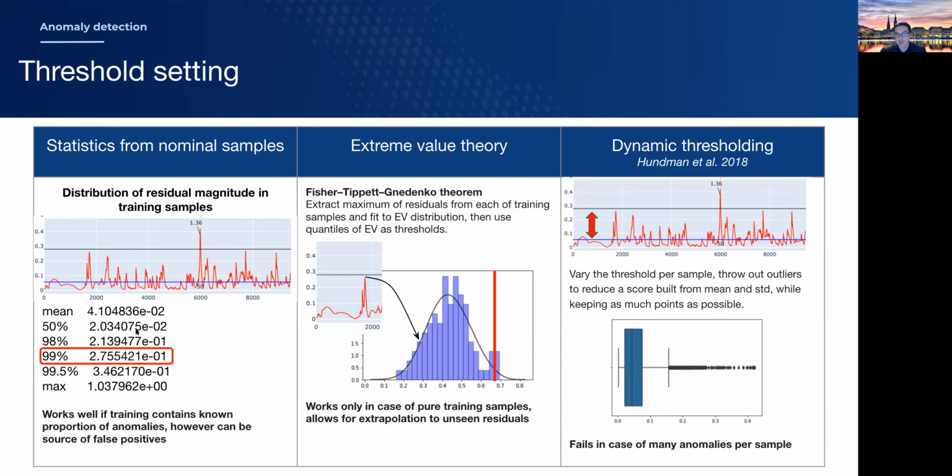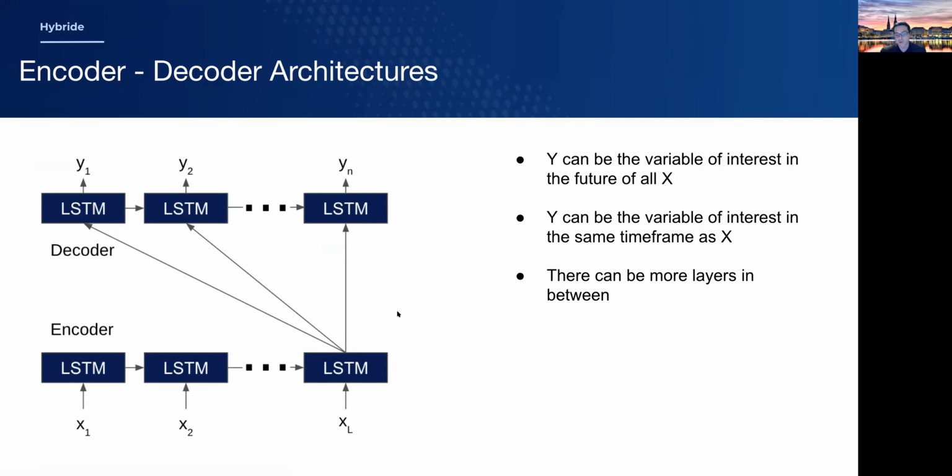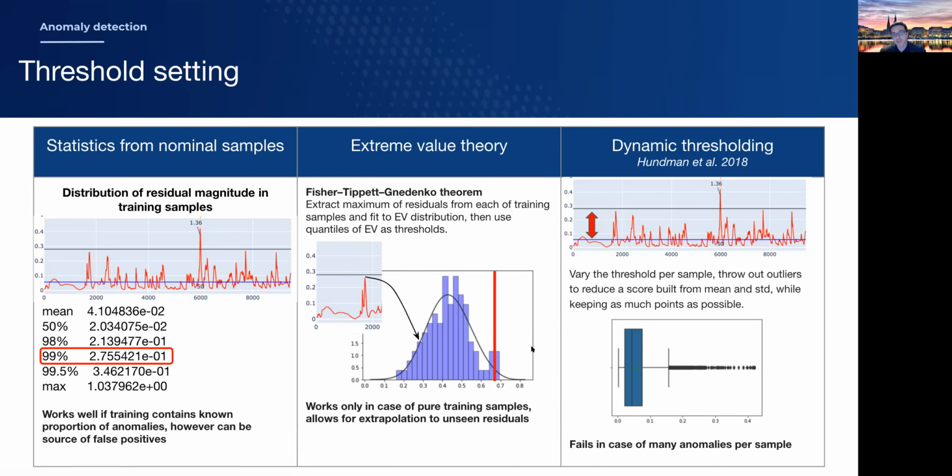The error will be high enough there. So you have to go beyond the data you had. And there you can use extreme value theory to create a theoretical distribution of the errors and go beyond what is measured. So also a very technical detail. If you're working in this field, if you're interested, we can talk about it later.